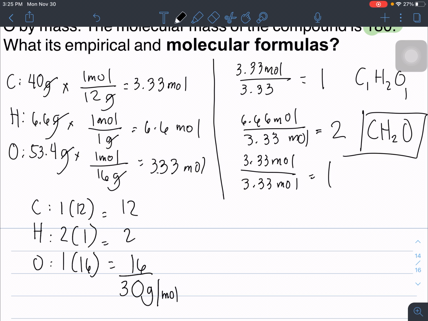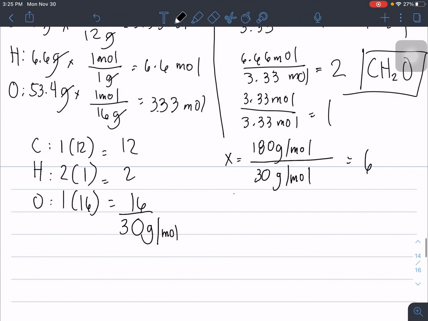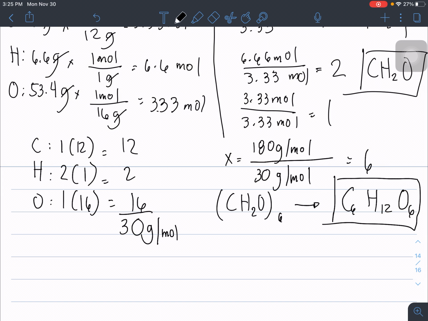Okay, so the molecular mass is 180 grams per mole divided by the empirical mass, which is 30 grams per mole. So this will be equal to 6. So we should multiply the empirical formula with 6. So this will give us C6H12O6 as the molecular formula.